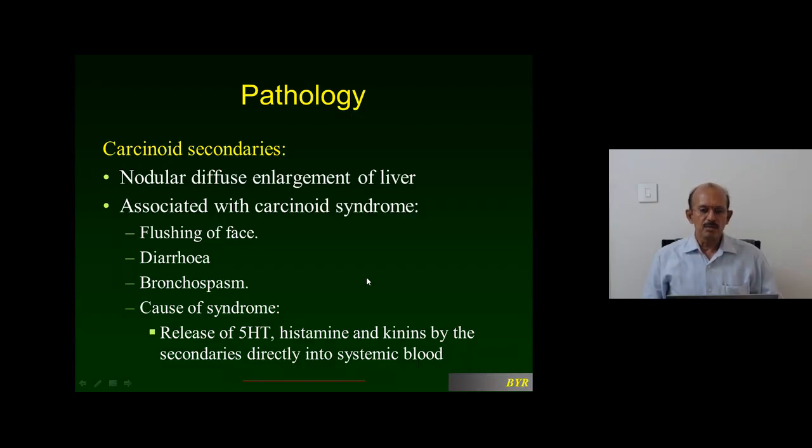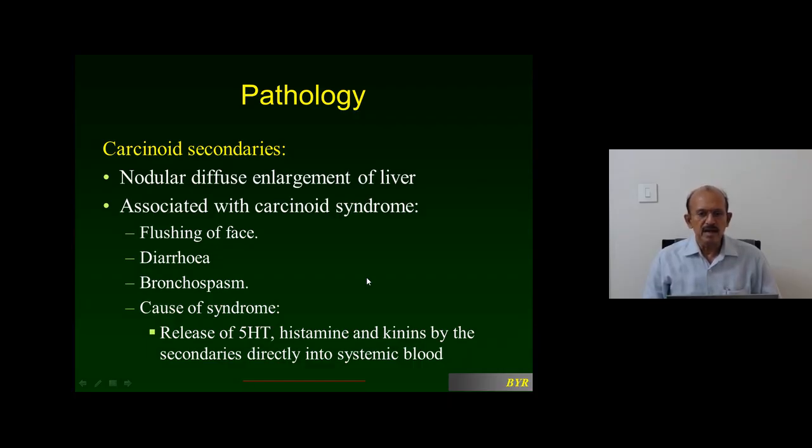Why does a bronchial carcinoid produce the syndrome? Yes, good. The bronchial carcinoid secretes directly into the systemic circulation. That is why the patient gets this syndrome.